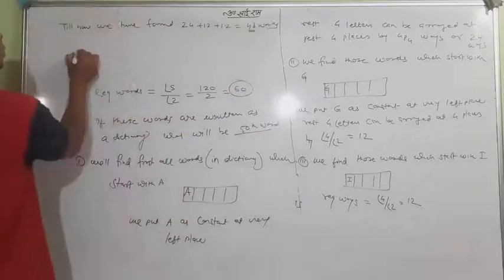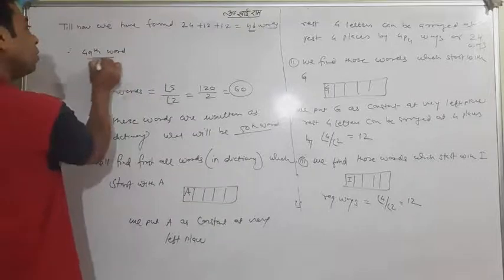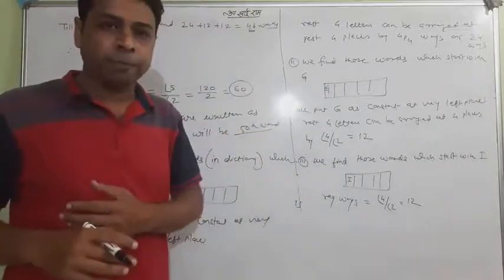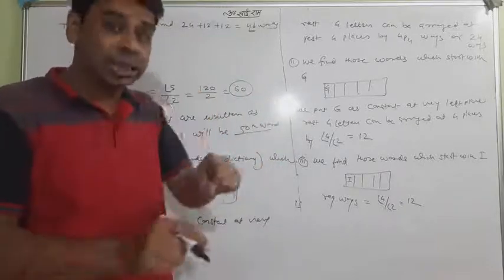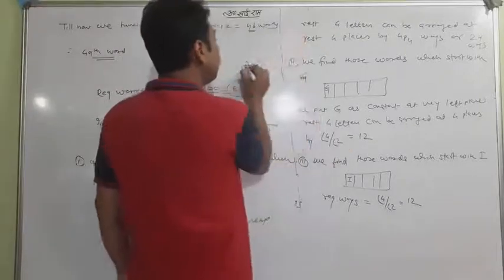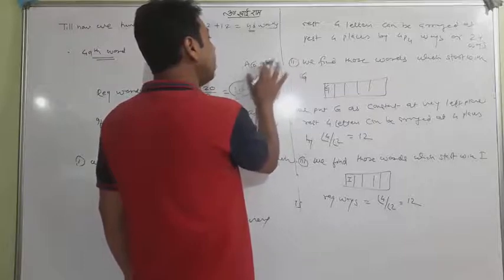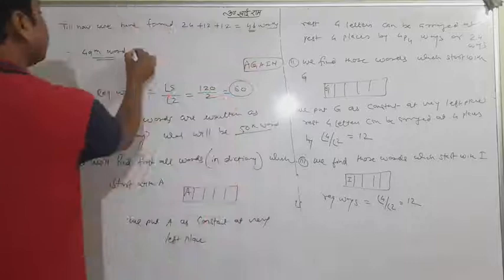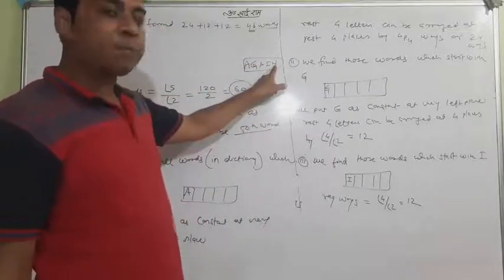So the 49th word will be, look, we don't want to find all the words which start with N. We just want to find the 49th word which starts with N. You know the spelling, A-G-A-I-N. Now we start with N. According to the dictionary, after N what will come?